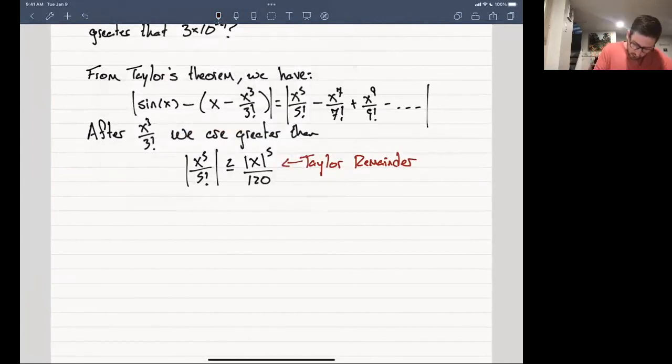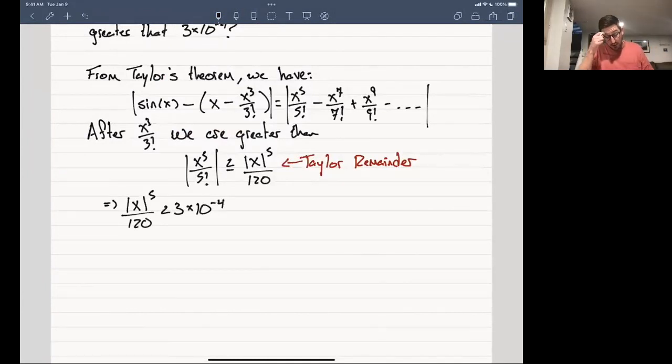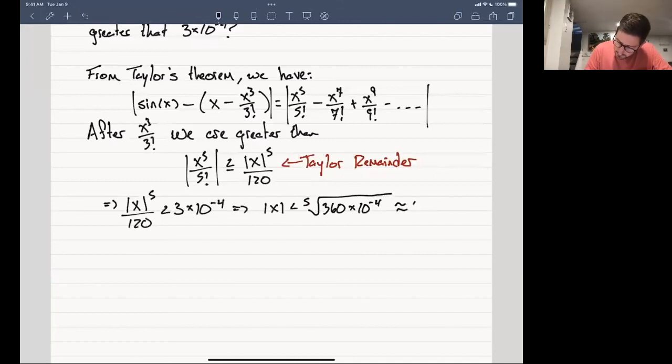And so we essentially want to know the values of x so that this is smaller than 3 times 10 to the minus 4. Now you can multiply up the 120 and take a 5th root, and this tells you the absolute value of x is smaller than the 5th root of 360 times 10 to the minus 4, which is about 0.514.